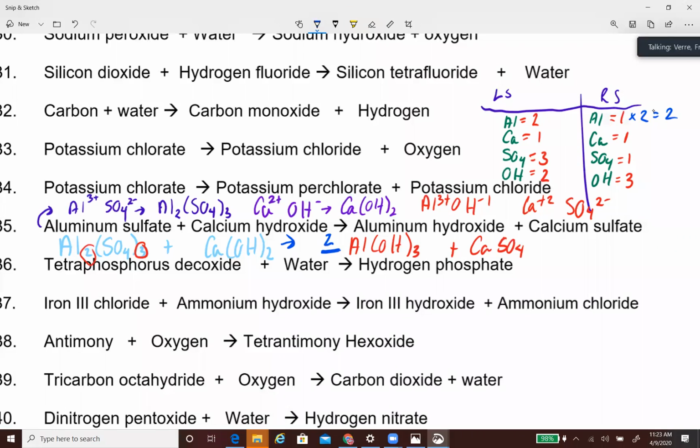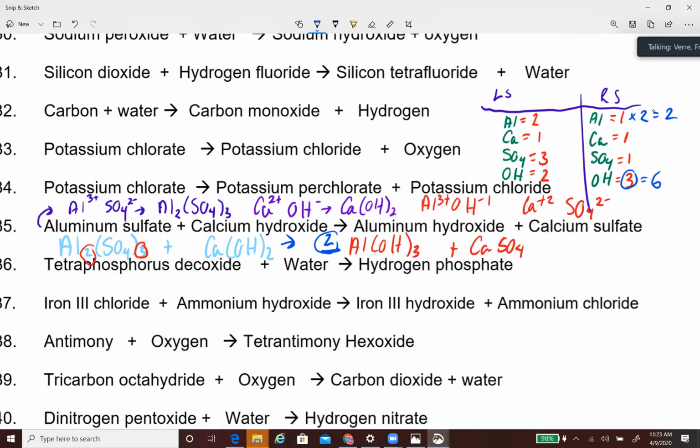So if I put a 2 here, that's going to give me the same number of aluminum on the right side as on the left side. Okay. Now, if I do that, that's going to change the number of hydroxide, right? It's going to change the number of hydroxide from 3, because it was initially 3, to 2 times 3, which is 6. Okay. All right.